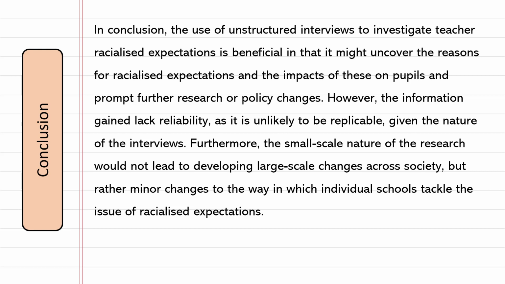Furthermore, the small-scale nature of the research would not lead to developing large-scale changes across society, but rather minor changes to the way in which individual schools tackle the issue of racialized expectations. So overall, I've made some decent points, but I've shown a knowledge not only of the impact of racialized expectations, I've made a lot of reference to the people that we may research in there and the way they may act when the research is being conducted.